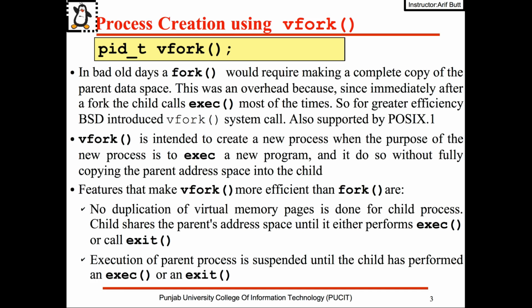So it appears that the vfork call is more efficient because it does not duplicate the virtual memory pages as the fork call does. And moreover, the parent and the child both execute in the same address space. The second important point to keep in mind is that the execution of the parent process is suspended until the child has performed an exec or an exit system call.